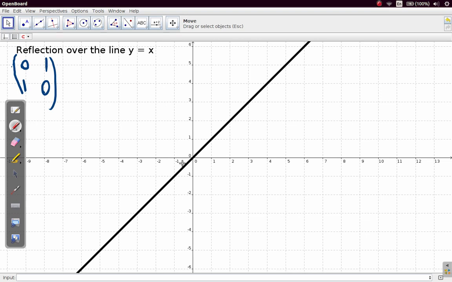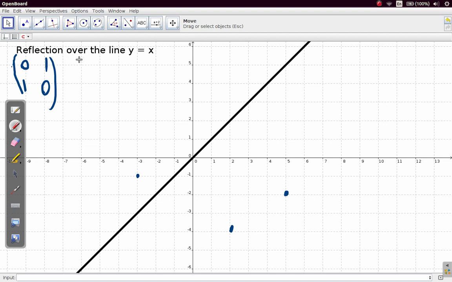We want the points on the triangle to be -3, -1, then 5, -2 and 2, -4. The original triangle is this.